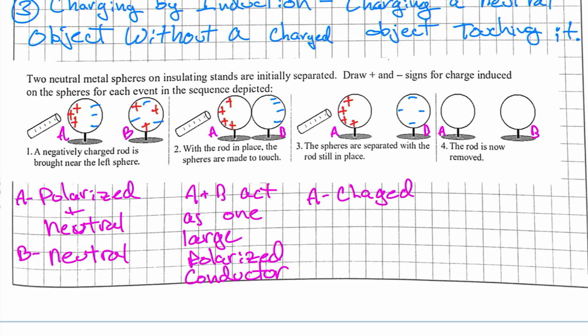Charged and, let's not say polarized, let's say unsymmetric. Charged and unsymmetric, where B is charged and symmetric.